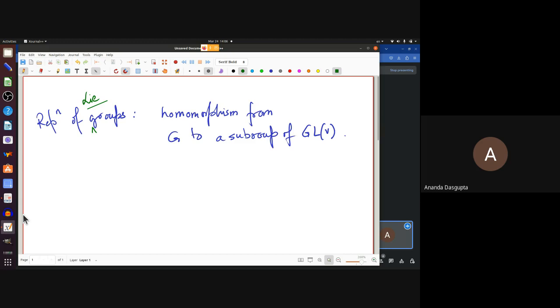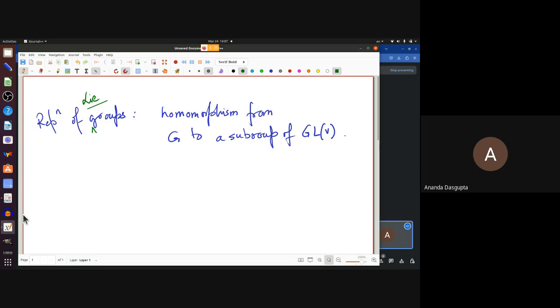The reason why we have to specify subgroup of GLV is because, when we define homomorphism, we said a homomorphism from G1 to G2 will be a map which preserves the structure and also is onto. Now, some authors don't use the onto restriction.